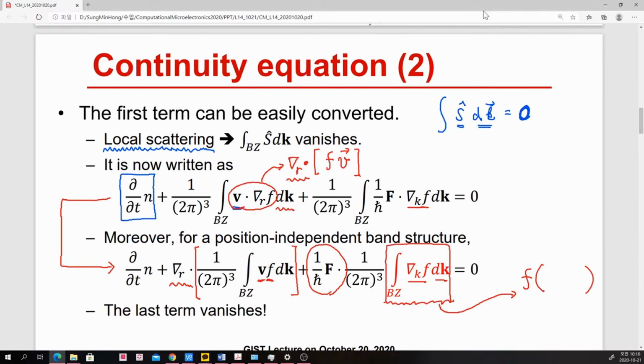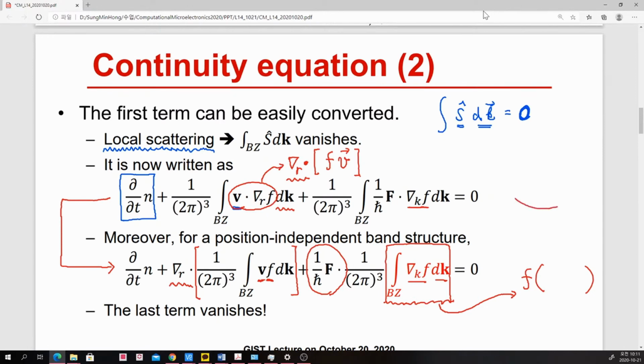Your assumption is that your electron distribution has the highest value where energy is quite low. And if we go to the end of our K space, then the distribution function also vanishes. So this is also an assumption. However, I think that this is really reasonable.